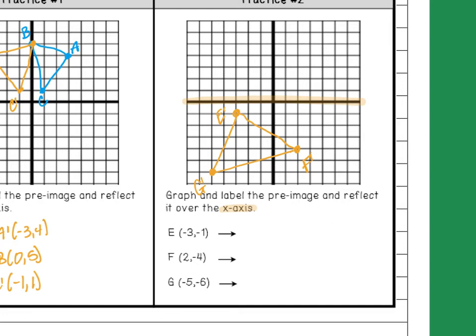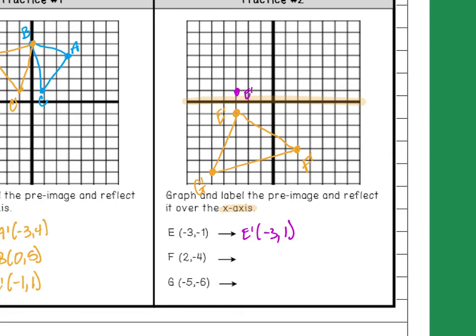So that means E is 1 away from my mirror, so it's going to be 1 away from my mirror here. So this is going to be E prime. E prime is still located at -3, still on the negative side of the y-axis. So it's -3, +1, because now it's on top of the x-axis.